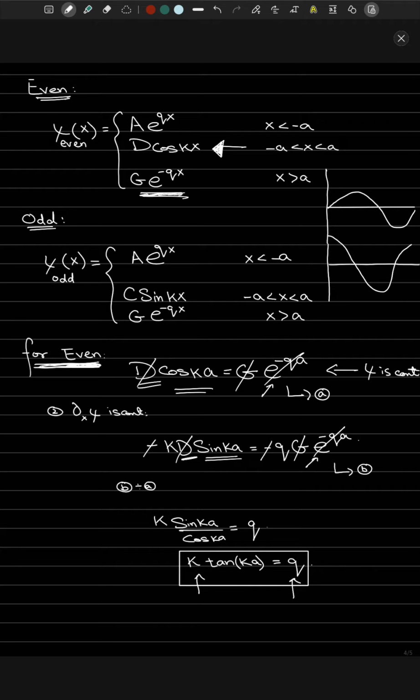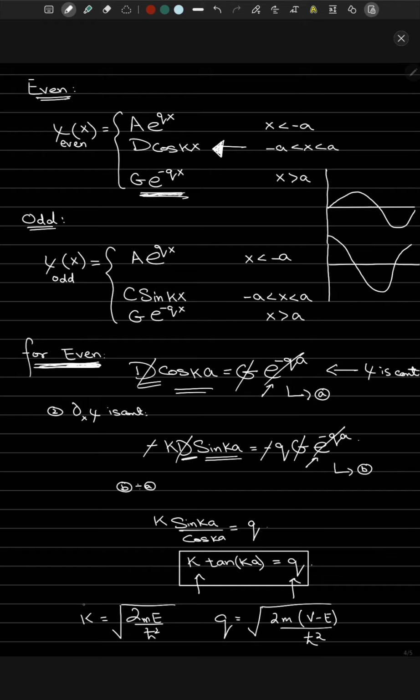So now what I'm going to do is quickly recall my value for k, which was square root 2me over h cut square, and for q it's square root 2m v minus e over h cut square.